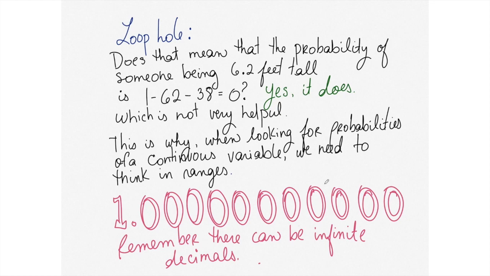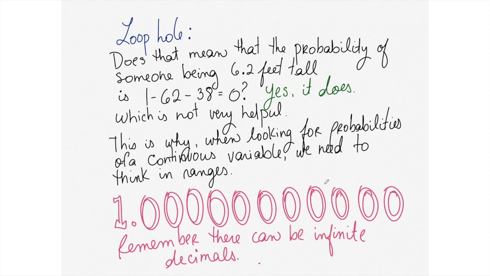Why is this happening? Because by doing this, we're calculating the probability that she is exactly 6.2 feet tall. There's an infinite number of decimals after the first decimal, and for someone to be exactly 6.2 feet tall in real life is very difficult.